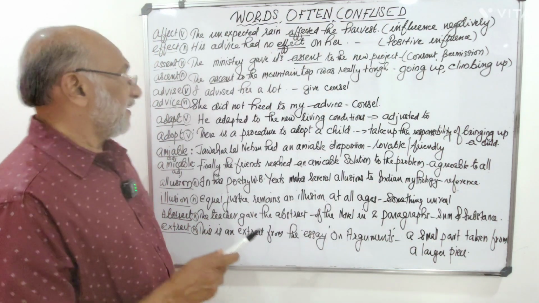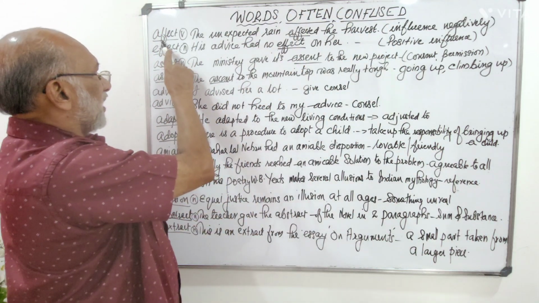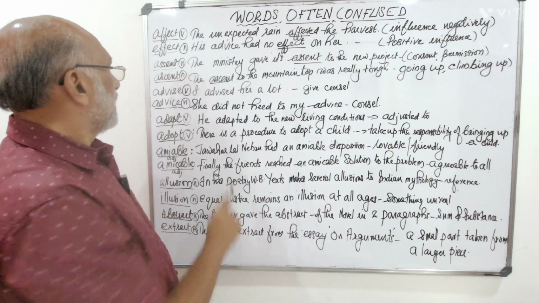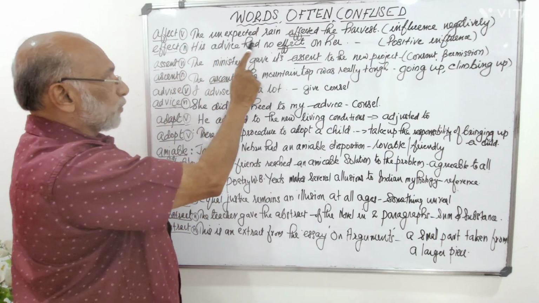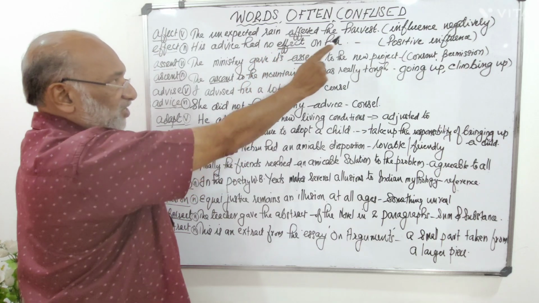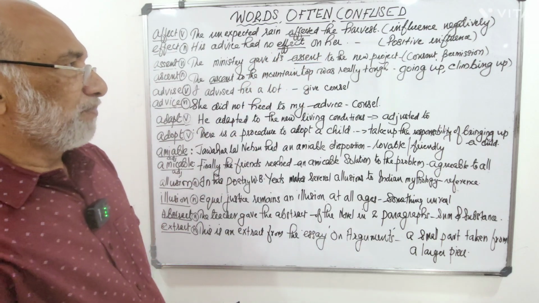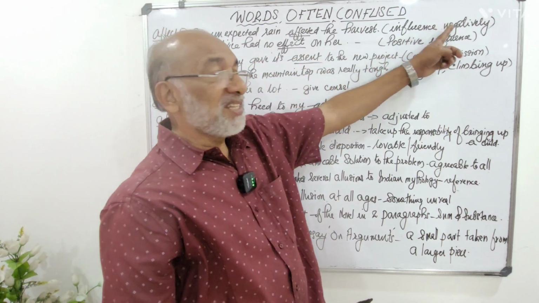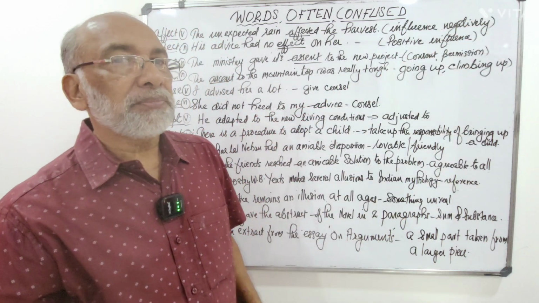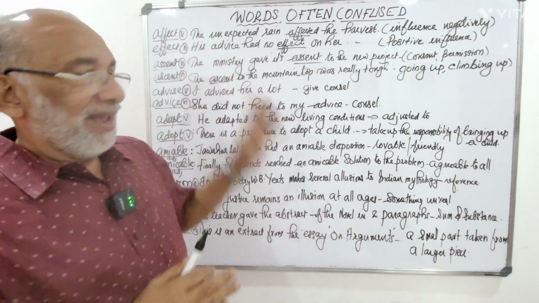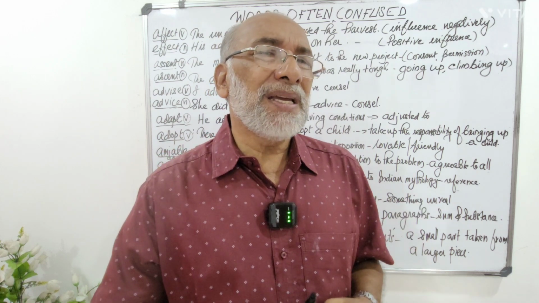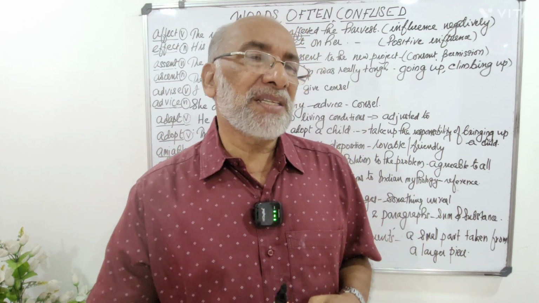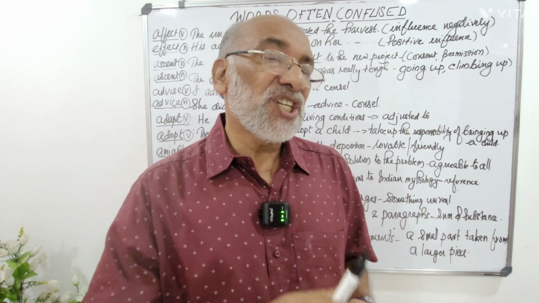The first pair is affect and effect. Affect here, it's used as a verb. The unexpected rain affected the harvest. That means influenced negatively. This word affect is not usually used in a positive context. It has got a negative shade of meaning.